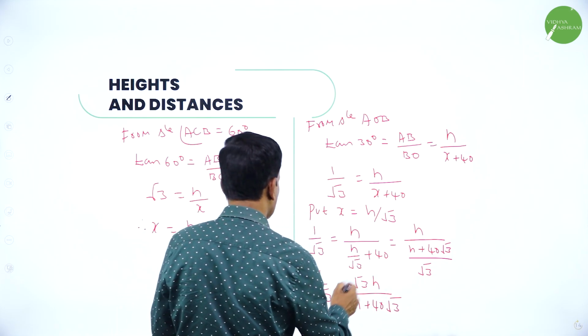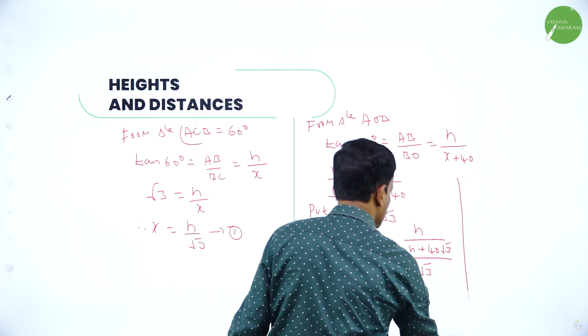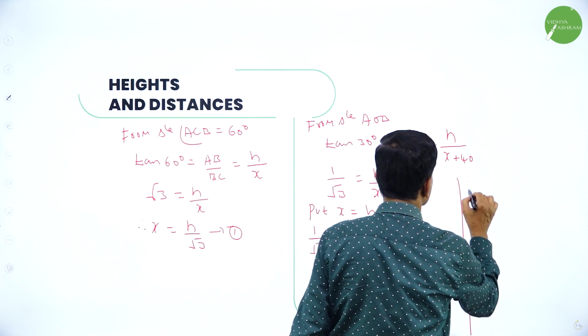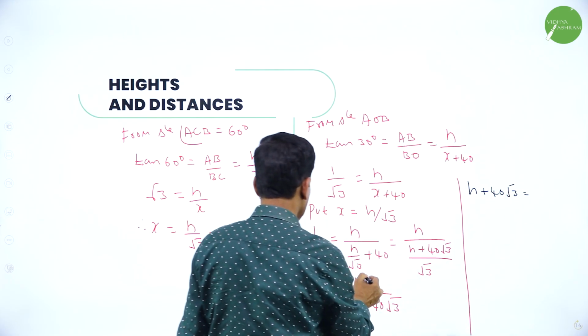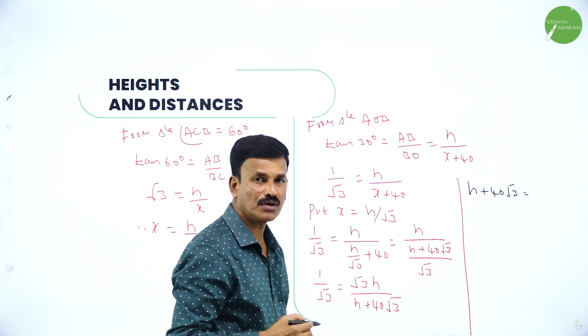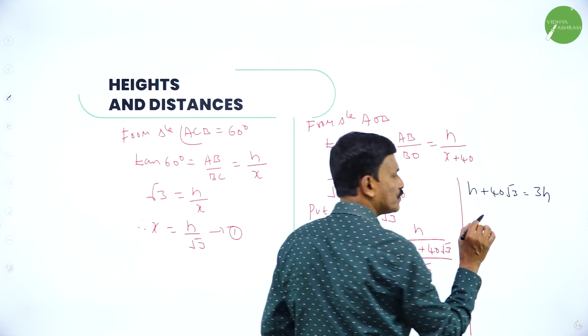Now, cross multiply it. H plus 40 root 3 is equal to root 3 into root 3, which is root 9, square root of 9 is 3, so 3H.